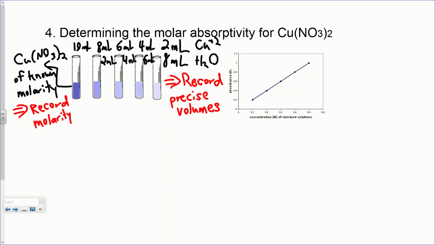Then using your dilution equation, which if you'll remember from Chem 1 is M1V1 equals M2V2, you're going to be able to find the concentrations of each solution.